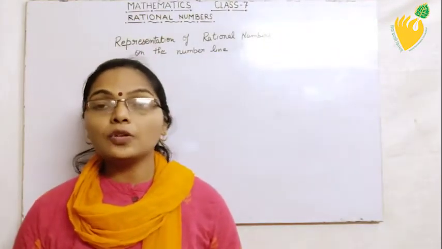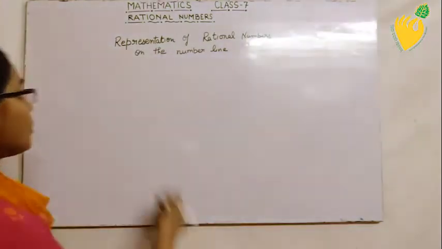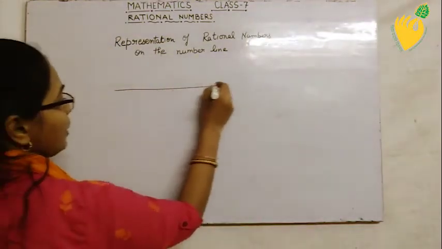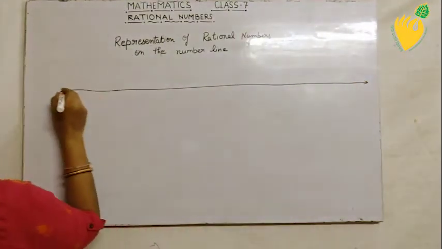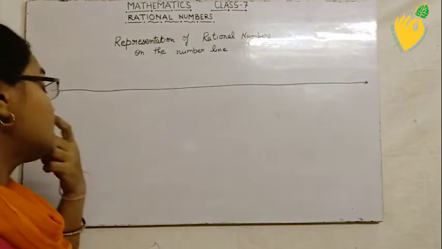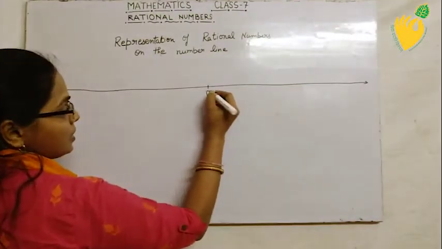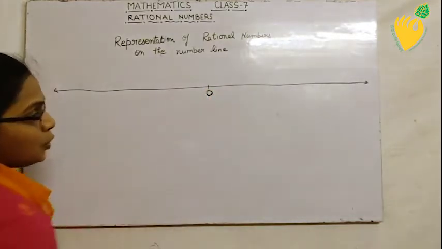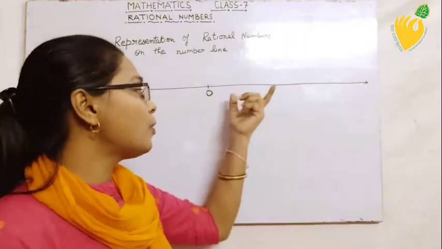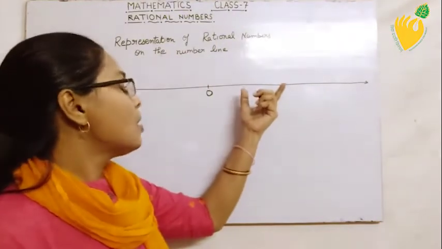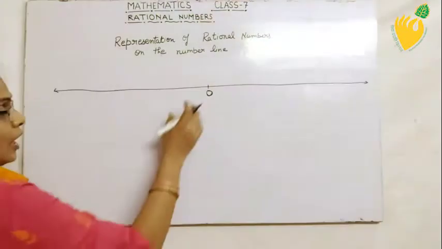Now students, let's learn how to represent rational numbers on the number line. First of all, make a number line. We already know how to represent natural numbers, whole numbers, integers and fractional numbers on the number line. Suppose this is the midpoint, that is 0, and on the right hand side of 0 we all know all the positive integers and all the fractional numbers are there.